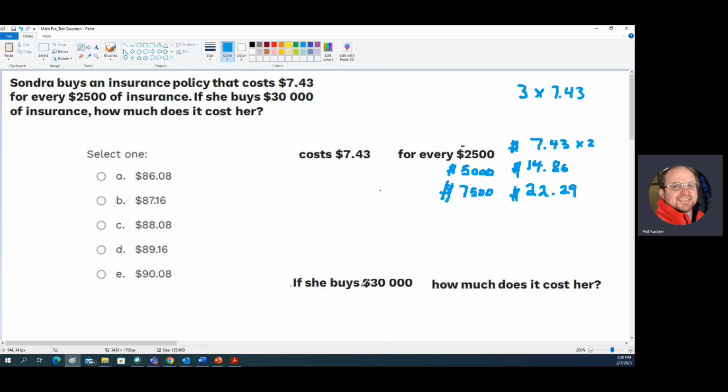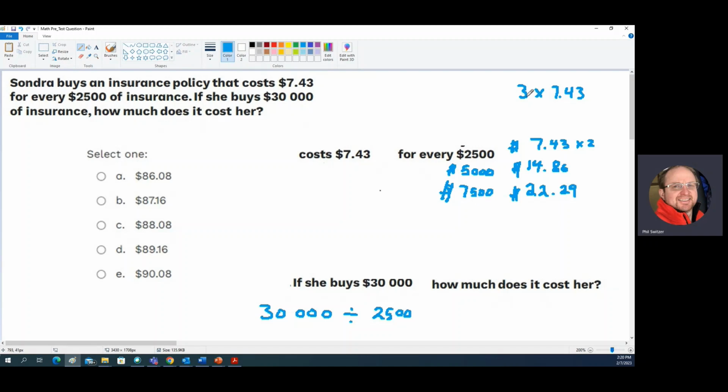Well, we've got to find out how many 2,500s are in 30,000. In other words, we're going to divide 30,000 by 2,500. We're going to see how many 2,500s are in 30,000, just like if we asked how many 2,500s are in 7,500? Well, there's 3 of them.